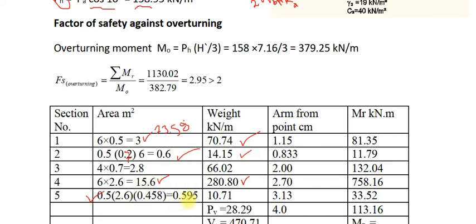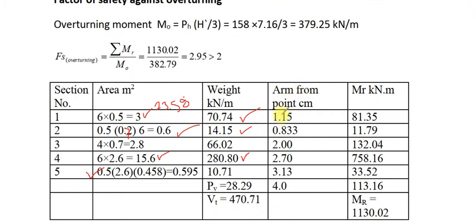Here 0.595 also, the area of soil, so we multiply it by the unit weight of the soil. We will use these weights in computing the factors of safety.